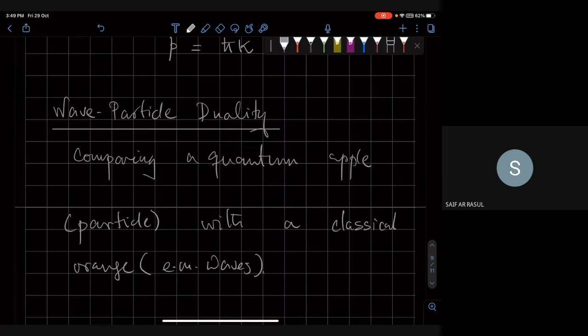So therefore, we should not really do this. But it's actually not hard to show that even light must have a wave nature, which is quantum, okay?